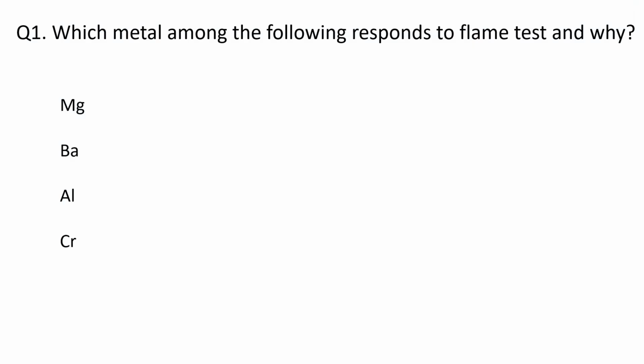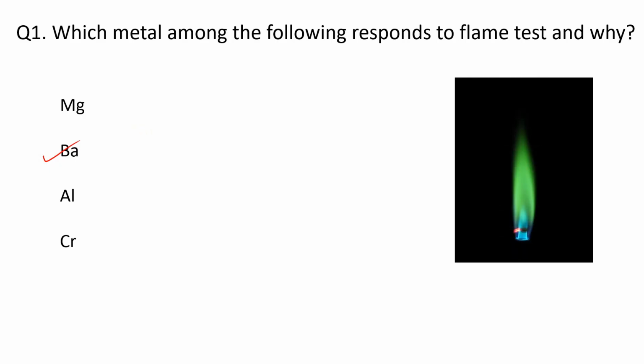Which metal among the following responds to flame test and why? Now, here the answer is barium, and this barium gives a persistent apple green colored flame. Why? This flame test is given by S block elements, that is alkali and alkaline earth metal compounds.